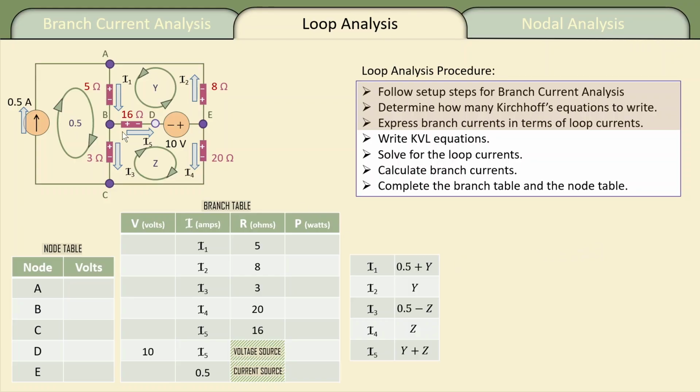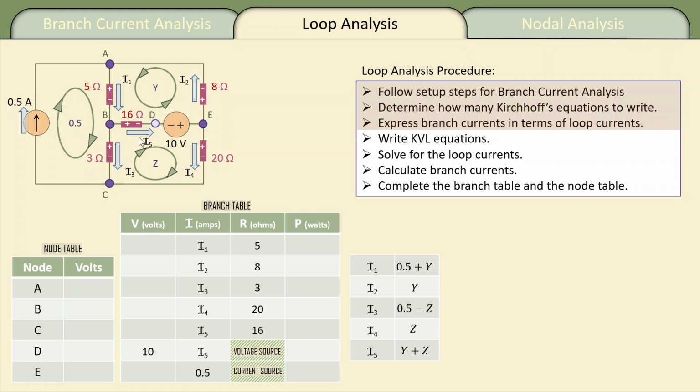So if we look at I1, for example, I1 goes down through the 5 ohms, and we can see that I1 consists of a half amp coming down from A to B, and Y coming also down from A to B. So I1 is a half plus Y. But if we look at I3, for example, I3 comes down, and that is consistent with the half amp coming down through the 3 ohms.